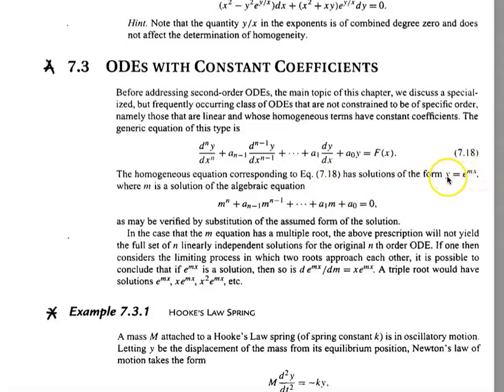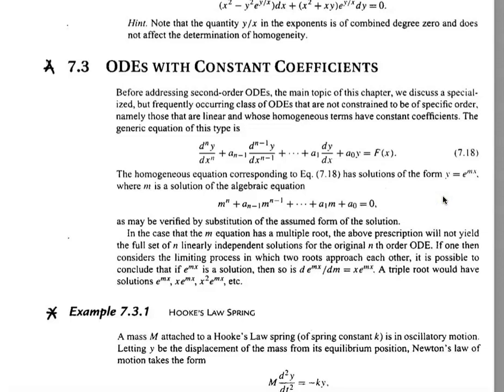The second derivative d²y/dx² is m squared e to the mx. And so that's why it becomes convenient. You start out with both y and m being unknown. But in the process of solving the problem, you will emerge with specific values for m and y.